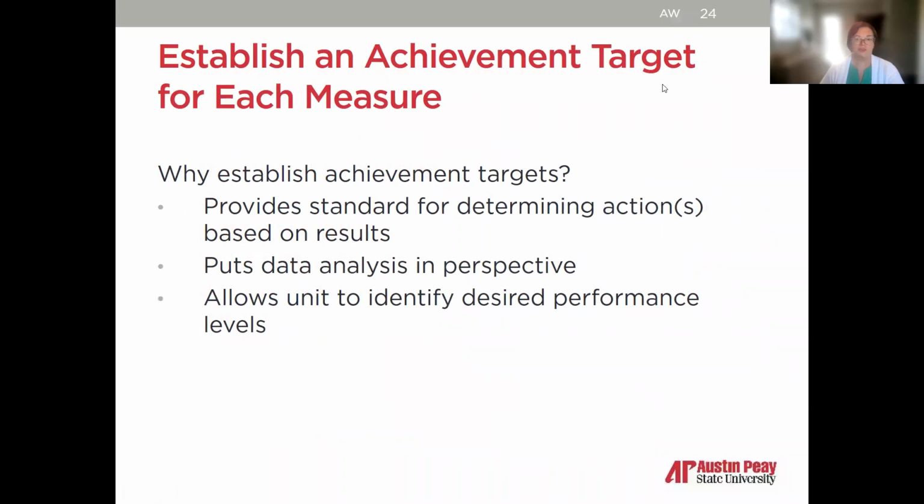Just a quick note about achievement targets. So whatever your measure is, whether it's a survey or a count of participants or an assessment of timeliness of turnaround of something in your office, you want to have an achievement target. So that's where you kind of operationalize what effective is or what quality is or what satisfaction is.